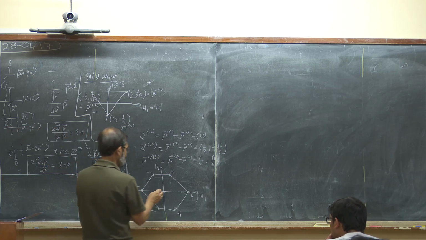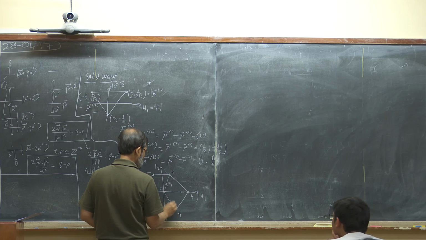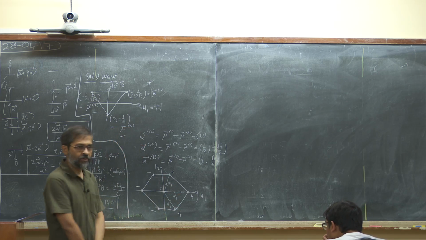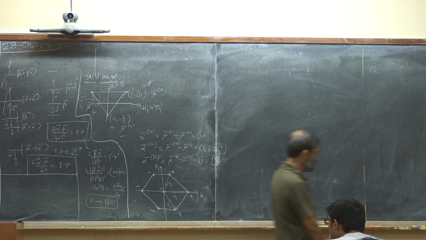Let me call this the origin O, and these alpha 1, alpha 2, alpha 3. Out of alpha 1, alpha 2, and alpha 3, which ones are simple roots and which ones are not?